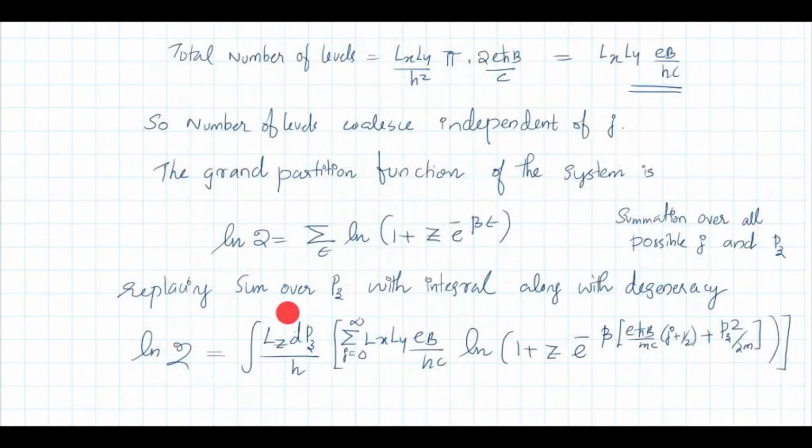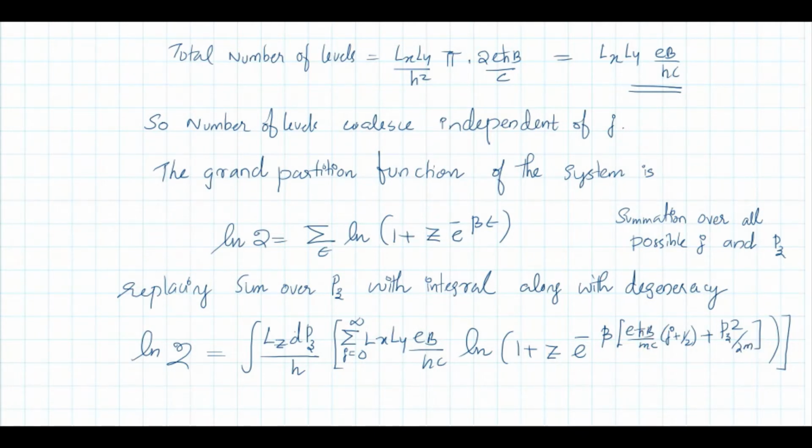Now you can replace the sum over pz with an integral, because pz is almost a continuous variable, along with the degeneracy. That will give you the integral Lz dpz by h. The summation over j you have to keep as such, because j is still a discrete variable. So you have to write the sum over j equal to 0 to infinity, and the degeneracy factor of these discrete levels Lx Ly eB by hc, log 1 plus z into e raised to minus beta. Instead of energy, you can substitute the value we wrote earlier, eh cut B by mc, j plus half, plus pz square by 2m.